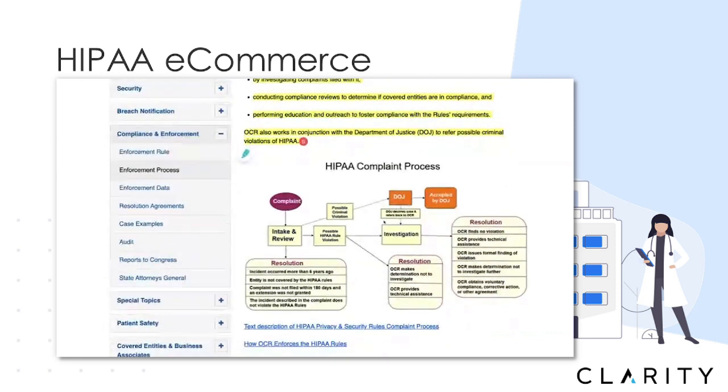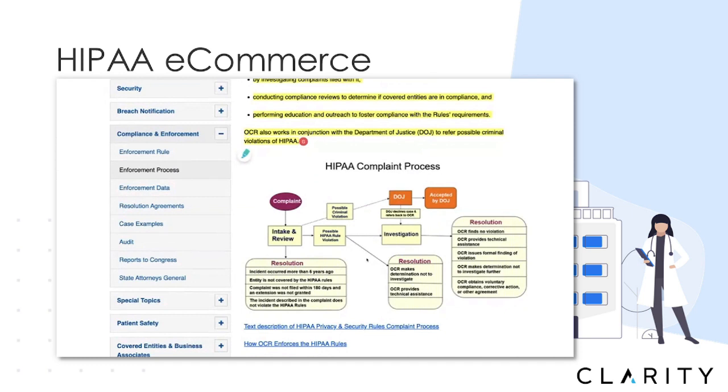They do a review, they validate the situation, and determine if there's a criminal violation. So again, there's a potential with HIPAA that you are criminally negligent, and that could get referred to the Department of Justice. And, that could be really serious. So just keep that in mind throughout the process.